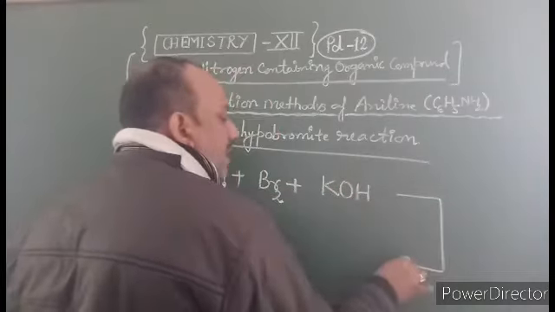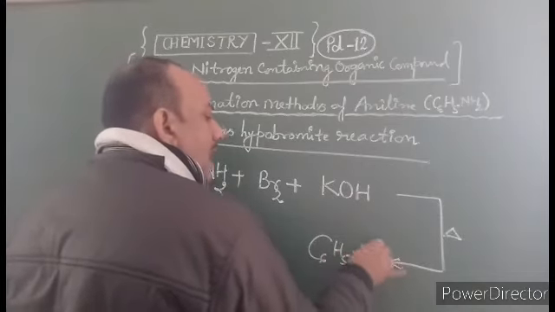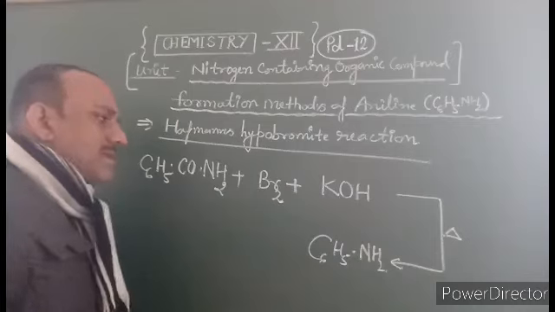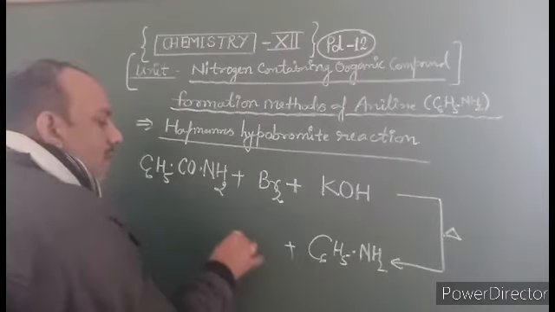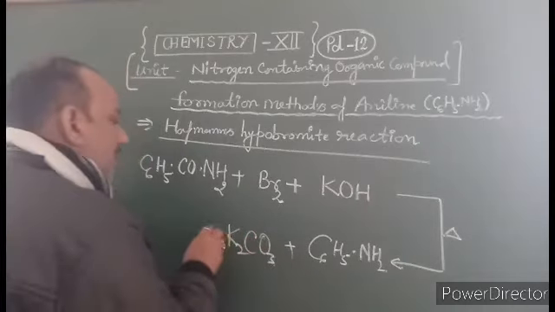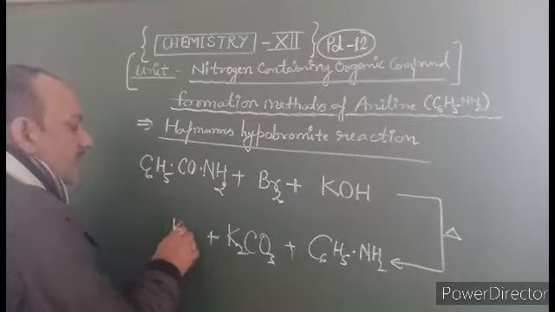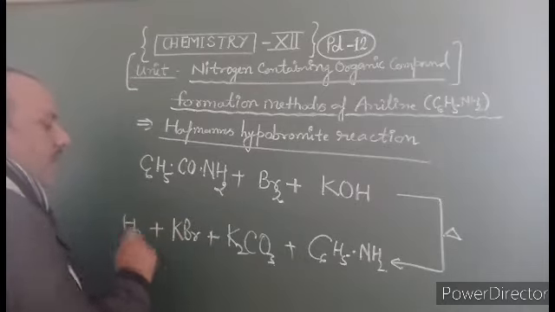After the reaction, it makes aniline C6H5NH2 and subtracts potassium carbonate K2CO3 and potassium bromide KBr with water H2O.